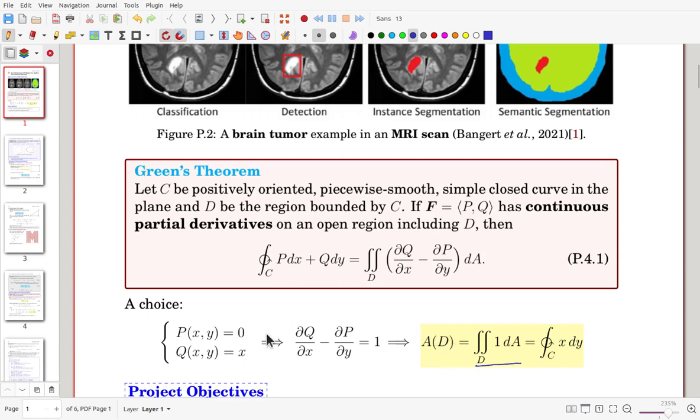Now, with the choice P is 0, Q is x, this line integral becomes this simple form. So the area of the region can be obtained through the line integral of x dy.